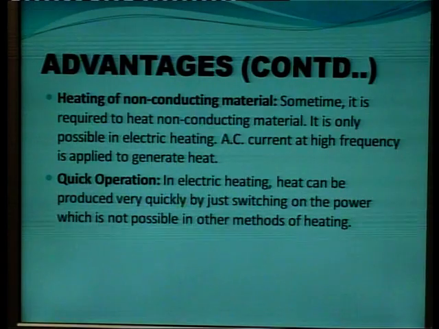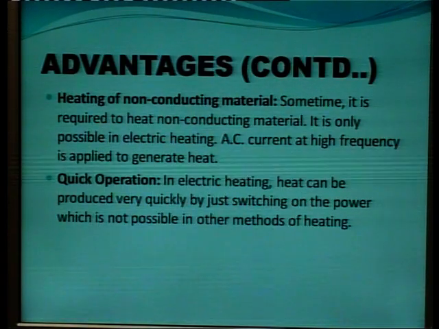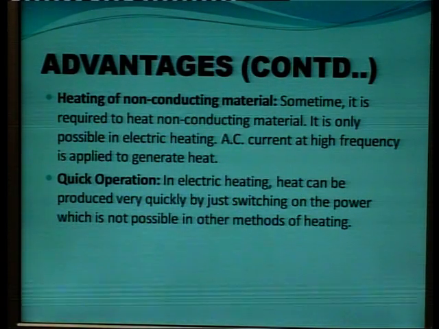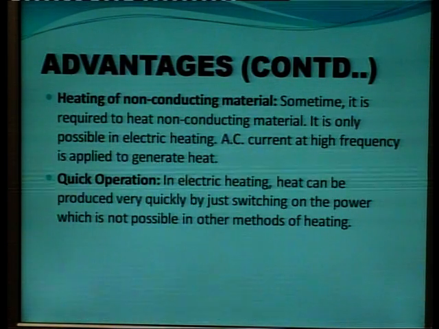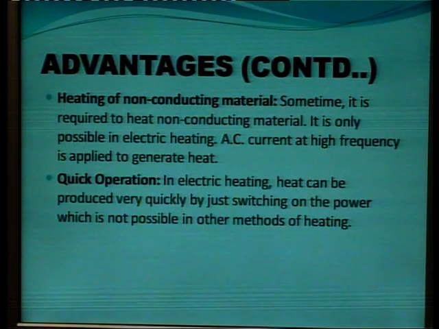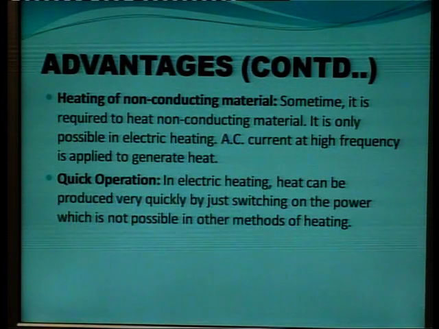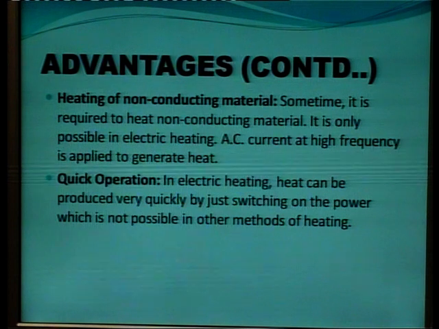And the last advantage is, it is quick in operation. In electric heating, heat can be produced very quickly by just switching on the power, which is not possible in other methods of heating.